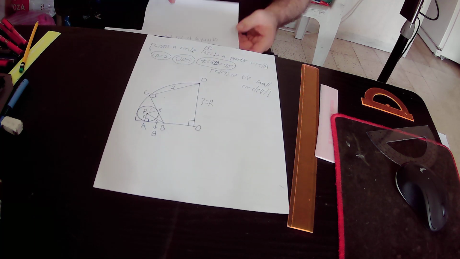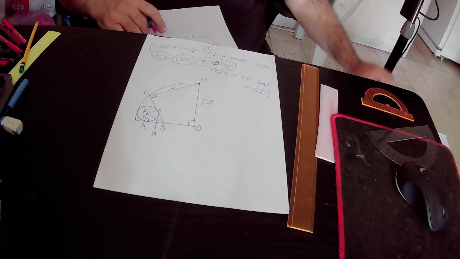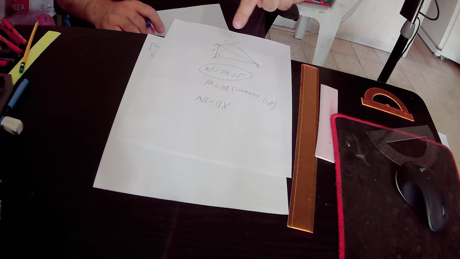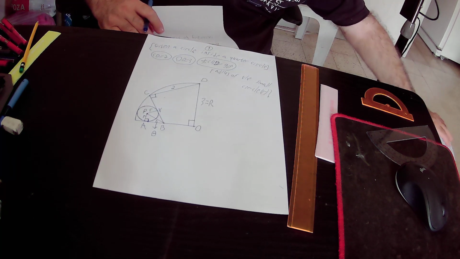Okay, so we actually proved that those two triangles, triangle PBX and triangle ABP, are congruent to each other according to the side rule.